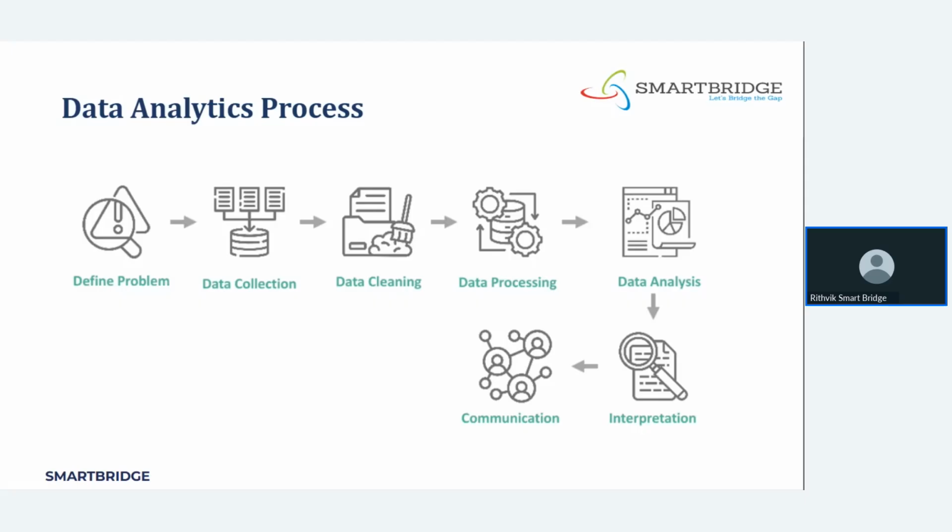These are all we are going to take in data analysis. Then we go through interpretation, and then to communication, or we can say visualization. These are all the steps we are going to process.